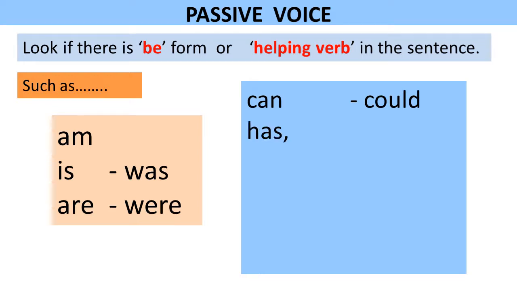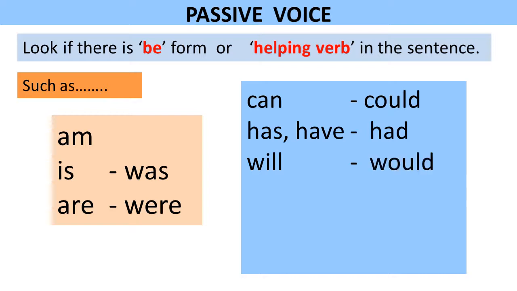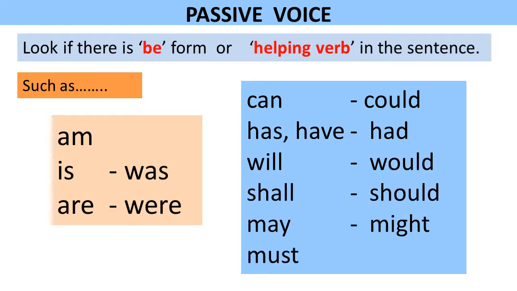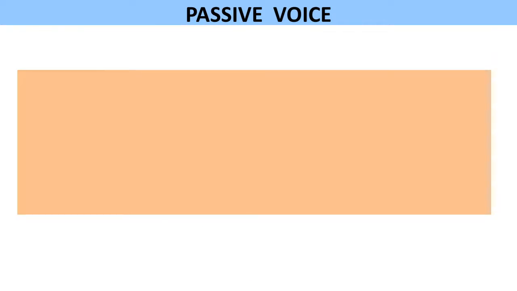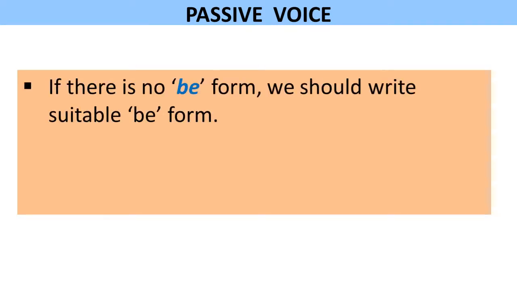Can, could, has, have, had, will, would, shall, should, may, might, must, need. If such words are there in the given sentence, then we have to write different words. Or if there is no such be form or auxiliary verb or helping verb, we have to write in a different way.